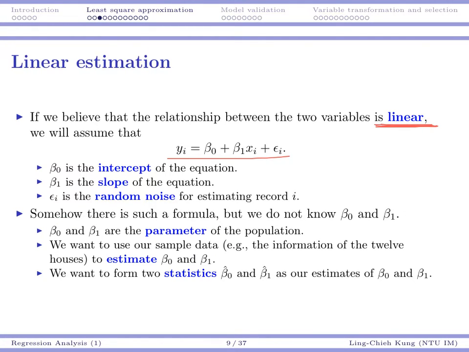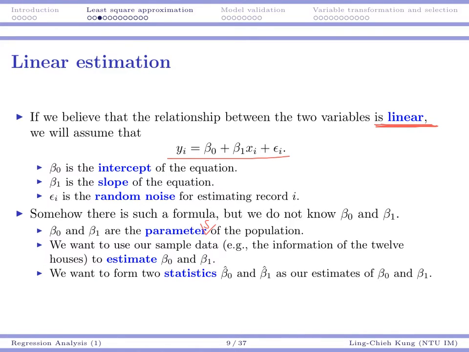So we believe that somehow there is such a linear relationship, but we don't know beta 0 and beta 1. That means they are parameters of the population. What we want to do is to collect sample data, for example the information for the 12 houses, and use the sample data to estimate beta 0 and beta 1.